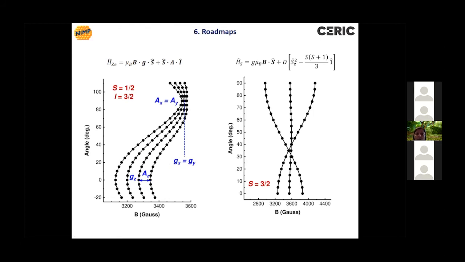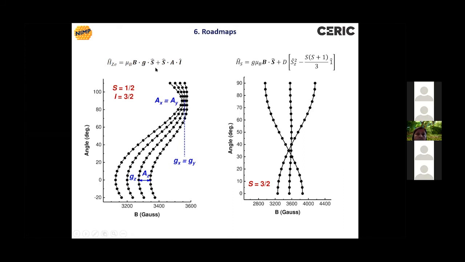Now I imported the roadmaps represented for the hyperfine interaction and for zero field splitting.